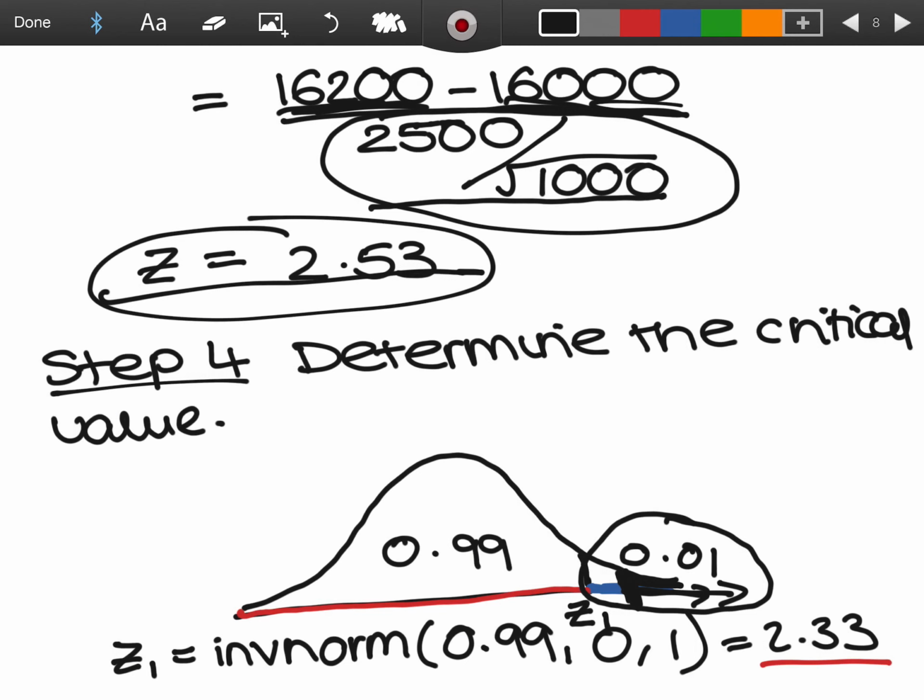But we found that with our p-value, being the probability that you are greater than that test statistic, that would mean that the area under the curve to the right of the test statistic was less than the area under the curve to the right of Z1. The area to the right of the test statistic is smaller than the area to the right of that critical value, because it was further over, it was more extreme.